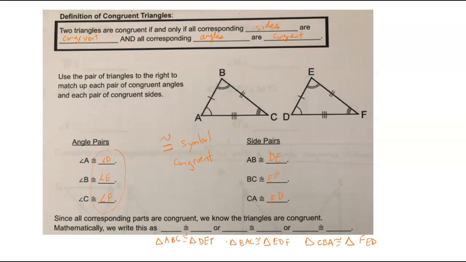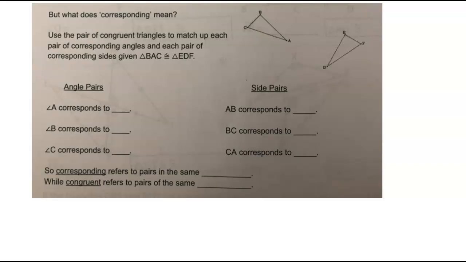So what happens if I don't have tick marks on my triangle? What does corresponding mean? We've already talked about corresponding angles, or we should have by this point. We're going to use the information given to us right here: BAC and EDF.